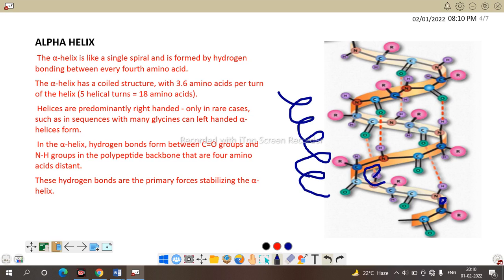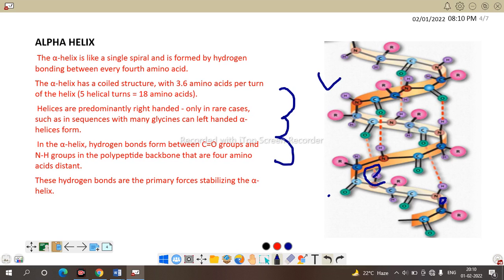Helices are predominantly right-handed. Sorry, I made it left-handed, so it is right-handed coiling, as it looks in this diagram. Only in rare cases, such as sequences with many glycines, can left-handed alpha helices form.